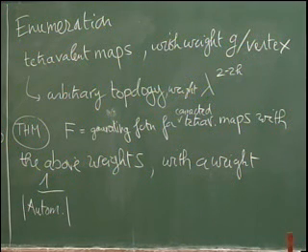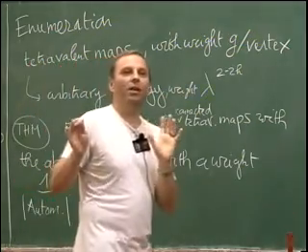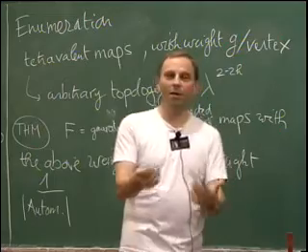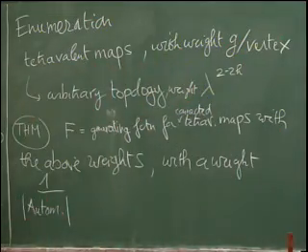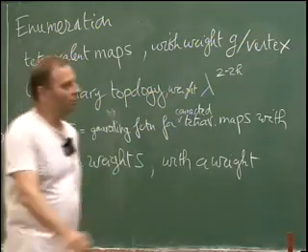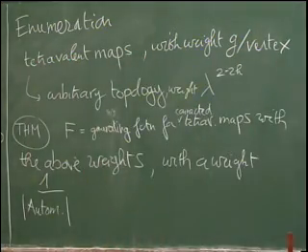You want to count your maps with a factor which destroys overcounting when you root your map. So this is basically 1 over the order of the symmetry group. This integral is going to do all this job.